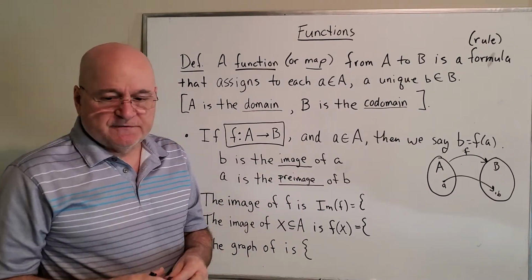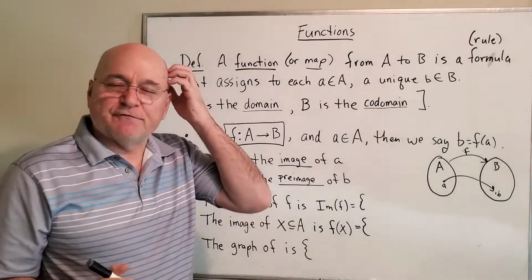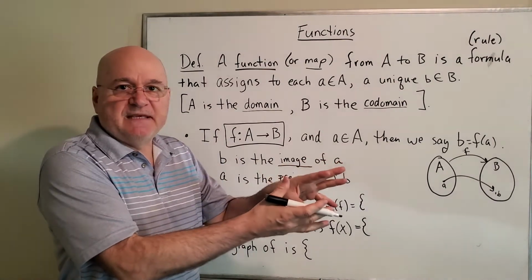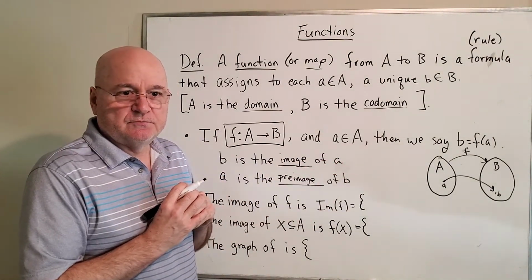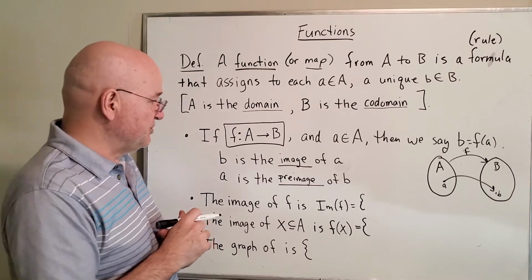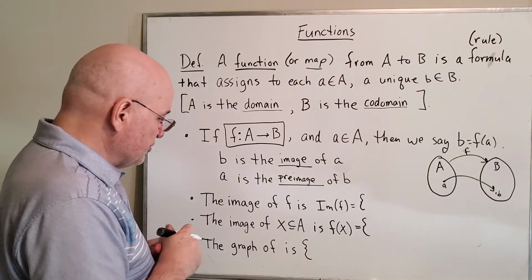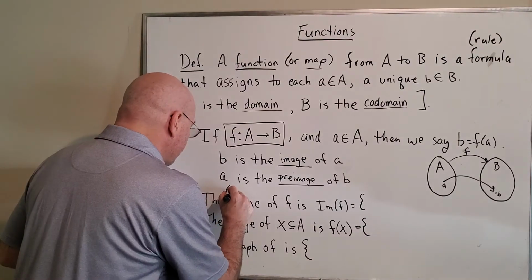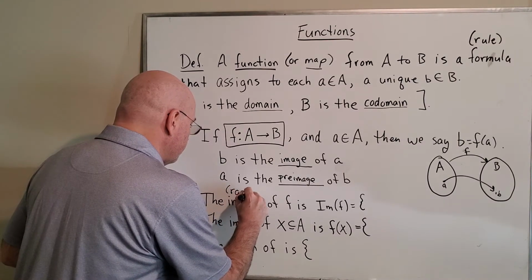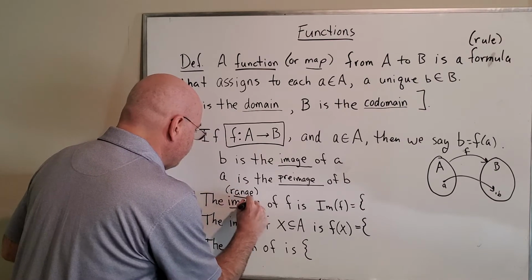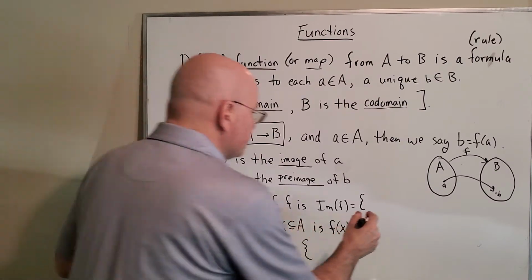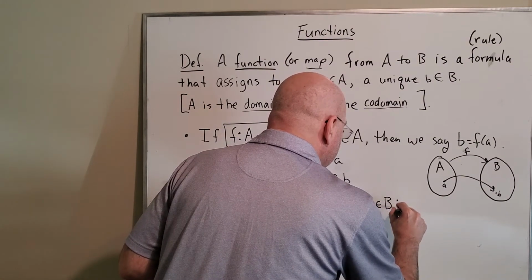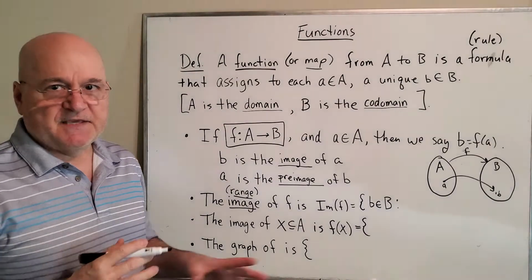Well, you can also define the image for the entire function. That's what you get. It's all of the elements in B that get mapped to by an element from A under that function. So the image of f, which actually could be called the range of f, either one of those is acceptable. The image of f is the set of all of the b values in the set B that get mapped to.